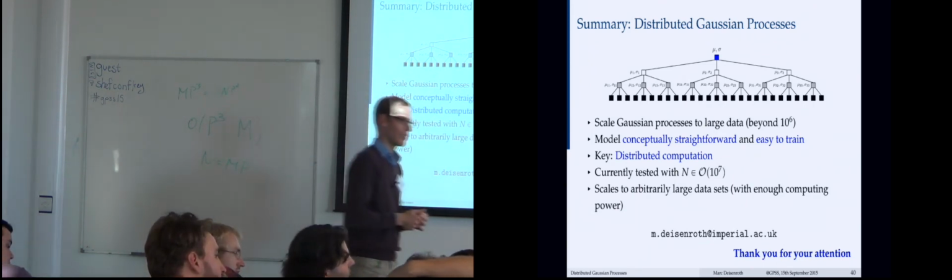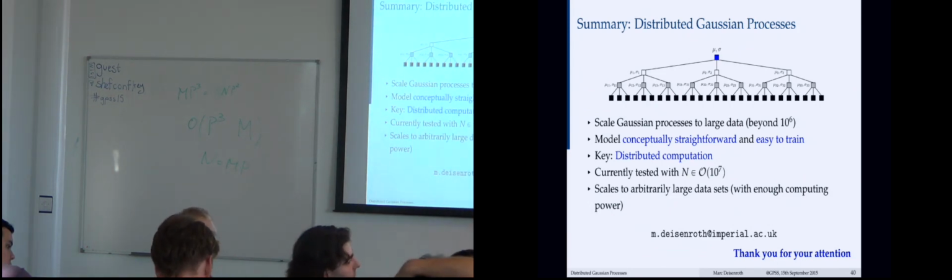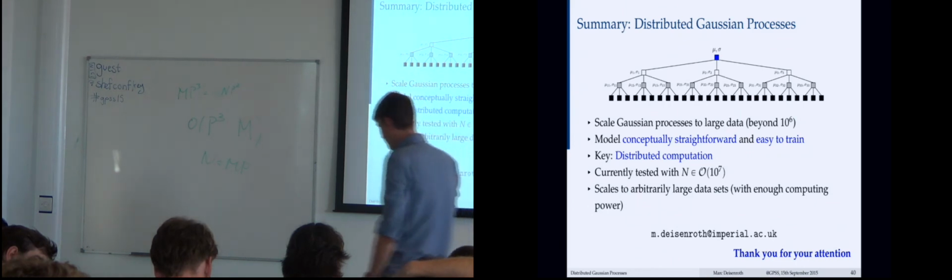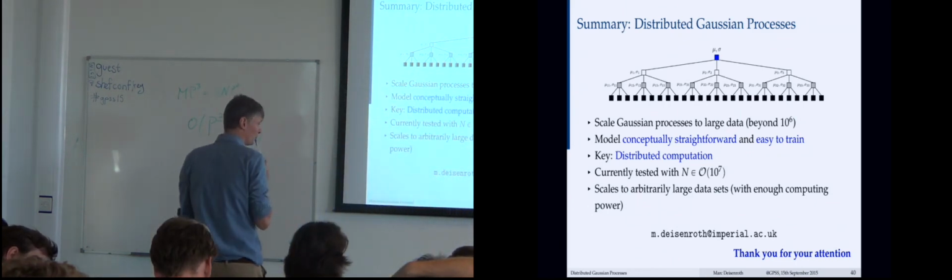So maybe this just reveals that I didn't understand Gaussian processes fully yet. But what I cannot wrap my head around is, I think I understood that you said that the selection of points you choose for each tiny Gaussian process doesn't really make a big difference.